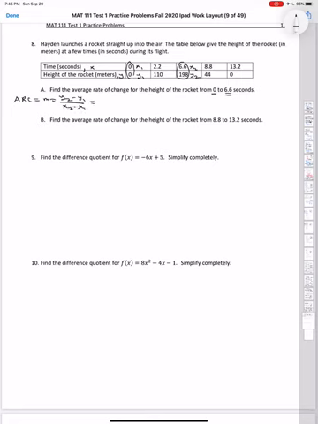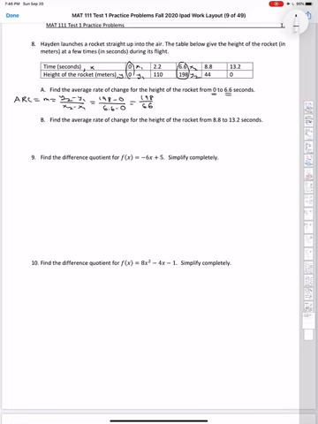So y2, which is 198, minus y1, which is 0, divided by x2, 6.6, minus x1. So we simplify down, and I got 198 divided by 6.6. Well, what is 198 divided by 6.6?